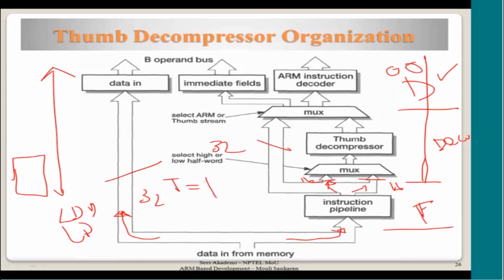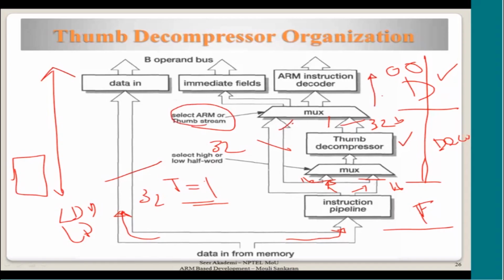Only for instructions, there is a difference. If it is Thumb state, what happens? The 16-bit instruction comes through either the higher part or the lower part of the data bus. The instruction enters and gets decompressed. This logic gets activated, and what you get out is a 32-bit instruction, taken either from here or from there based on the ARM state.